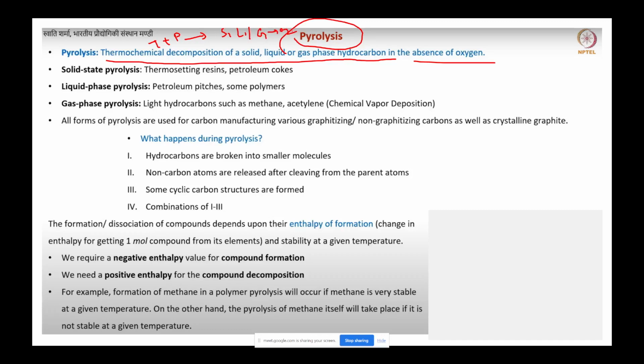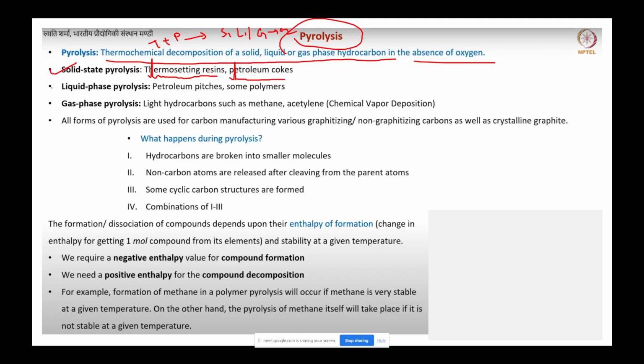Since this is for solid state pyrolysis, here we are using some solids in order to decompose the hydrocarbon. As a solid, we can take thermosetting resins or some petroleum cokes.